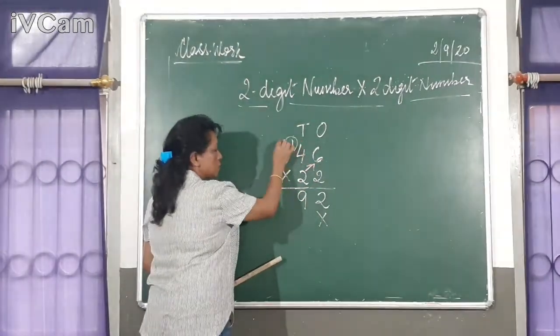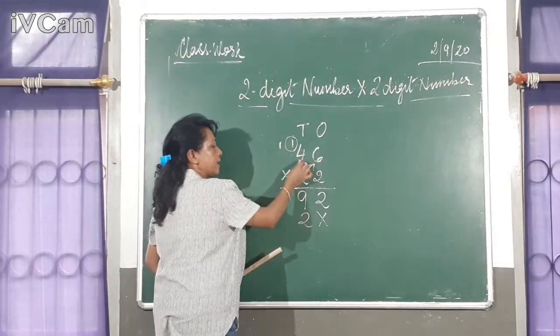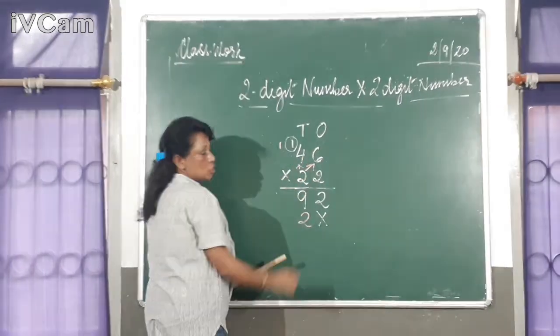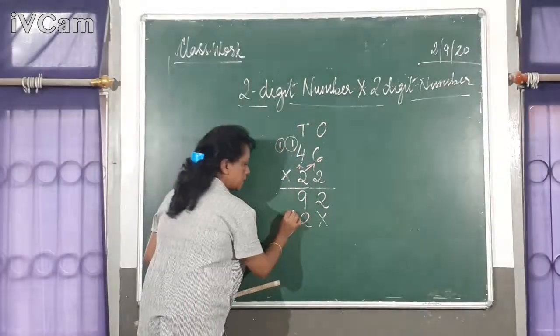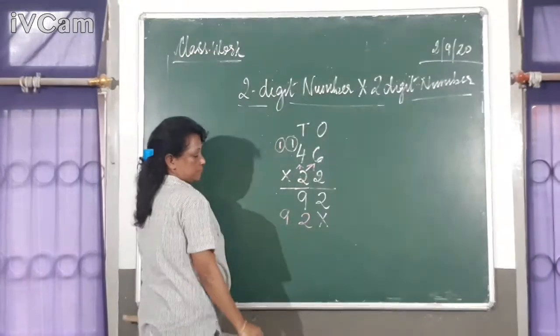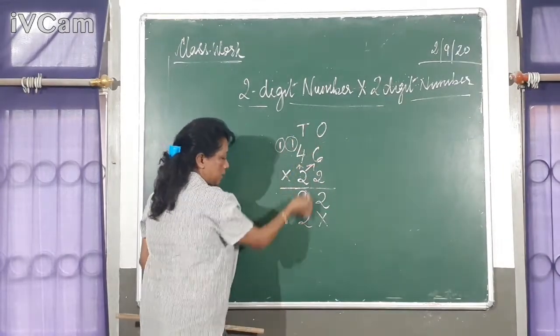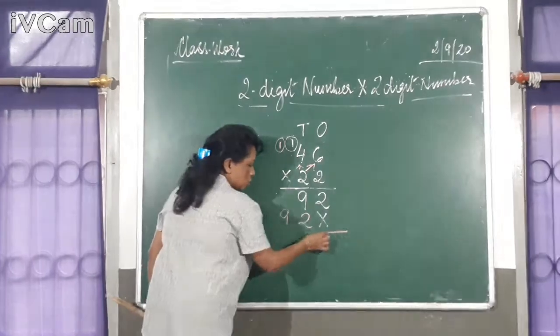So you again write 1, 2, 12. And then after you finish with 6, you multiply with 4. So 2 4s are 8, 8 plus 1 is 9. And make sure all the numbers are under each place value. Alright?